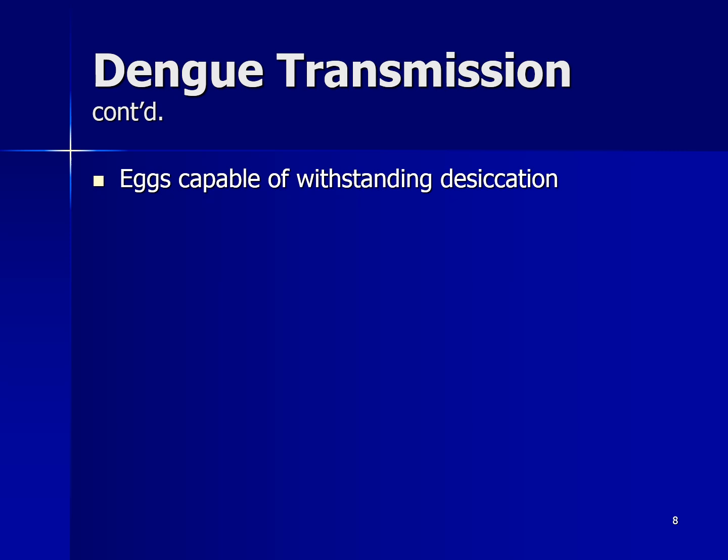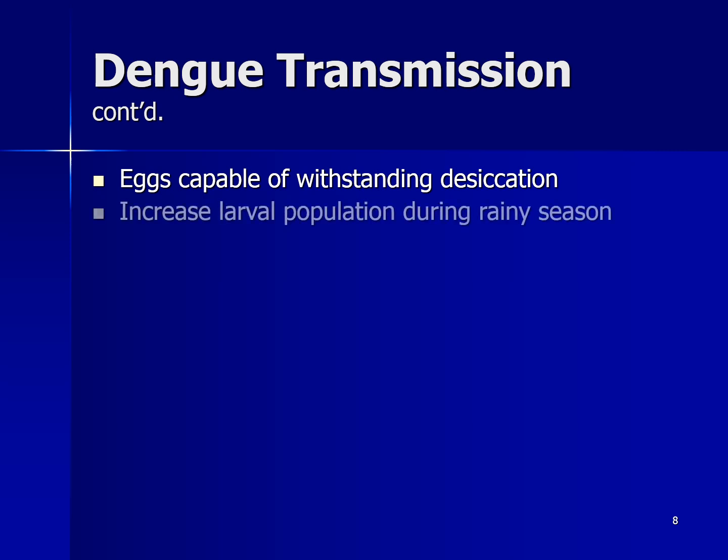So they're quite sharp in the sense that they can make their way to the larval stage. Then there is an increased larval population during the rainy season, because the rainy season provides a lot of habitat, a lot of places for the mosquito to lay eggs and for the larvae to hatch from those eggs.